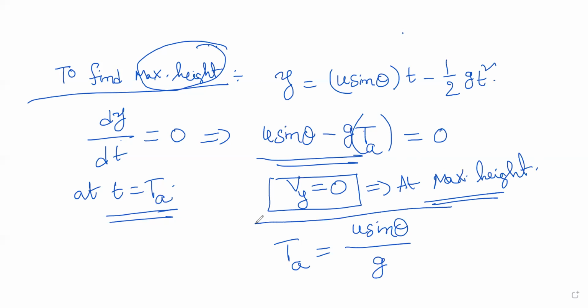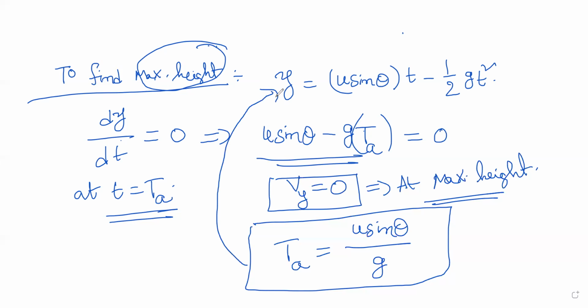This is the time of ascent. After that, you plug in this time of ascent in this equation. If t is equal to ta, what happens? y becomes h max. The y displacement becomes the maximum height. So this is how we solve the problem.